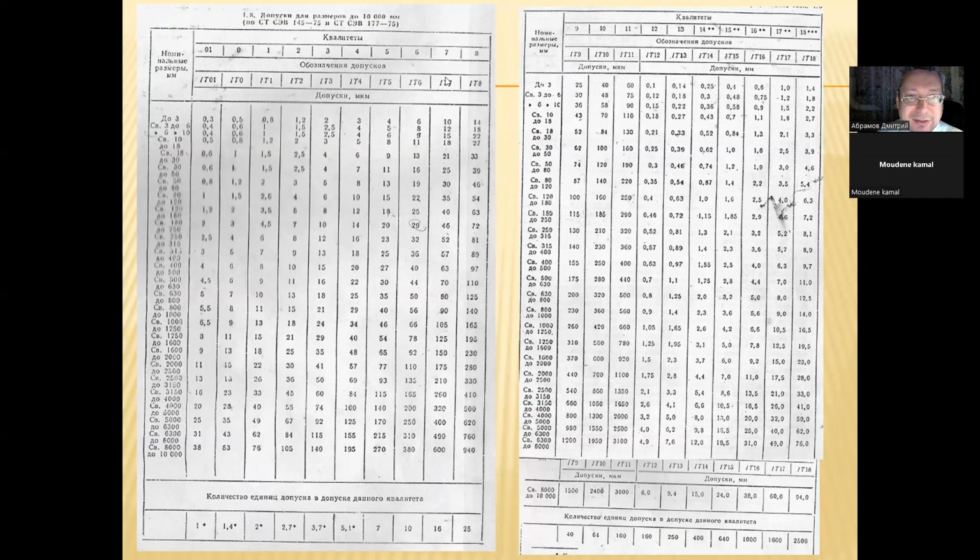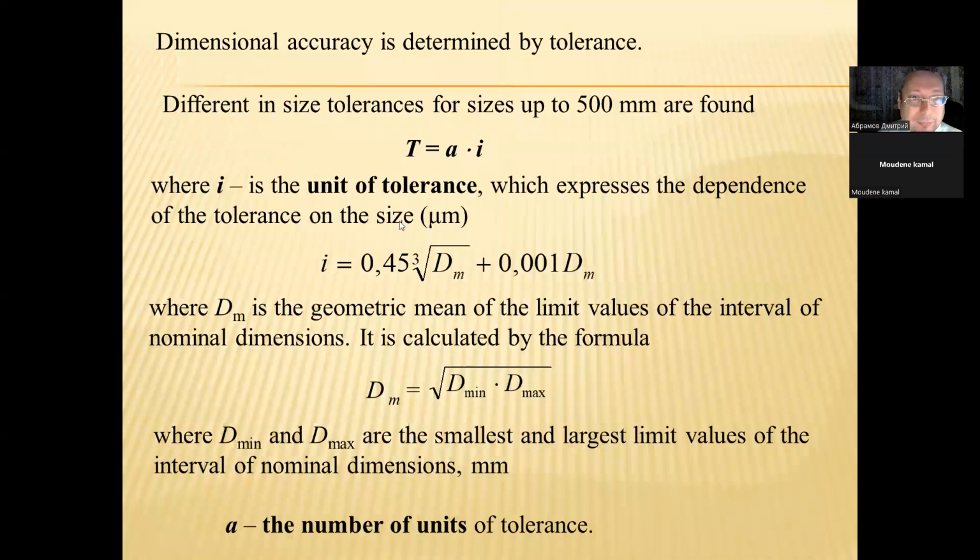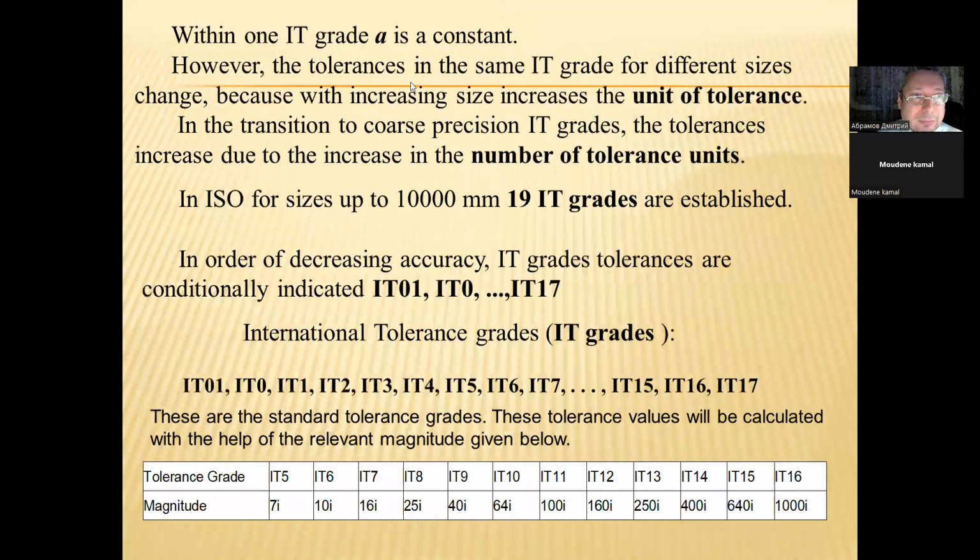For another IT grade, A will have another value. For example, IT7, A is equal to 16.